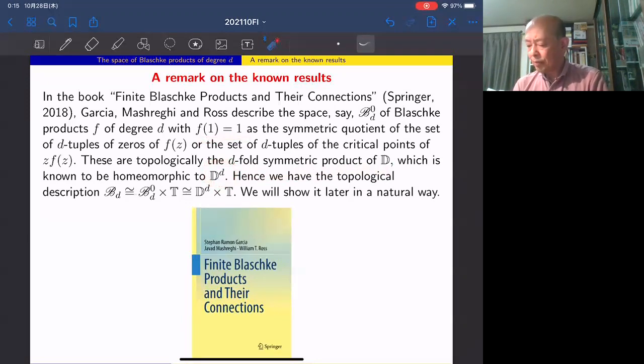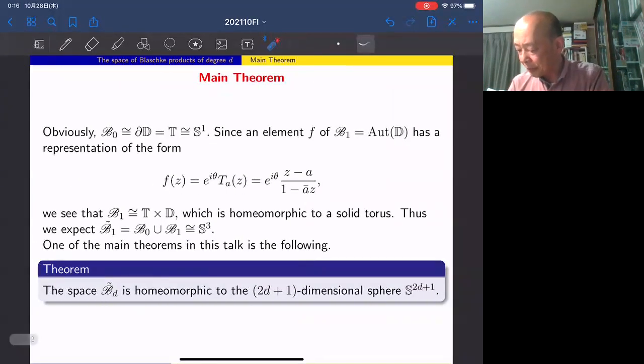Therefore, we observe that this space is topologically the same as this one, and then by using their result, we know about this. Yesterday, in Oliver's talk, he mentioned some result of Heinz and some others in the 1960s. So I think that this is a rather old result. Therefore I suspect that this theorem is already known, but anyway.